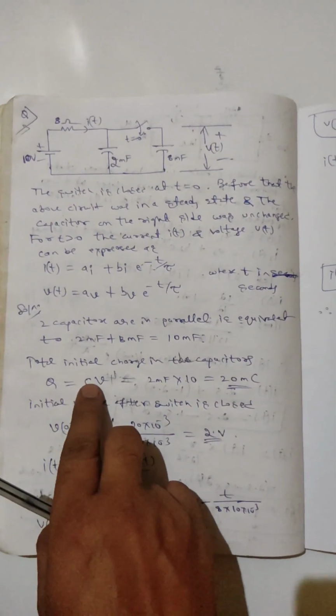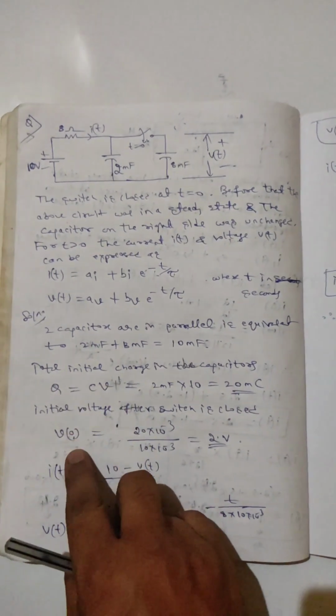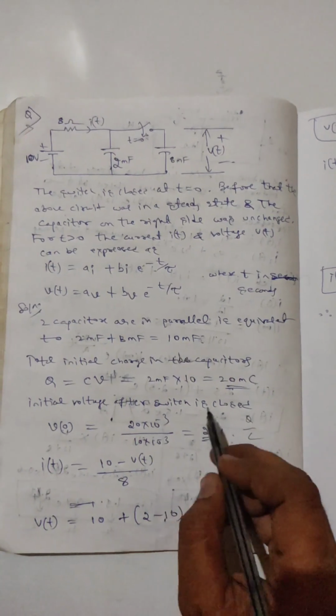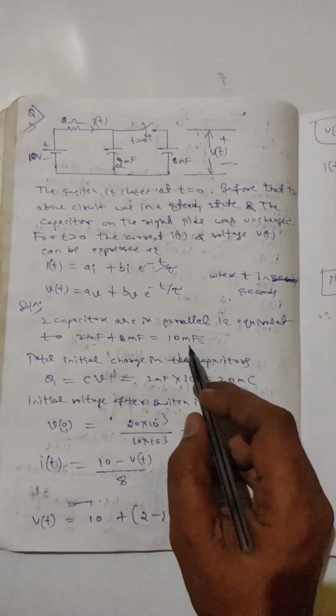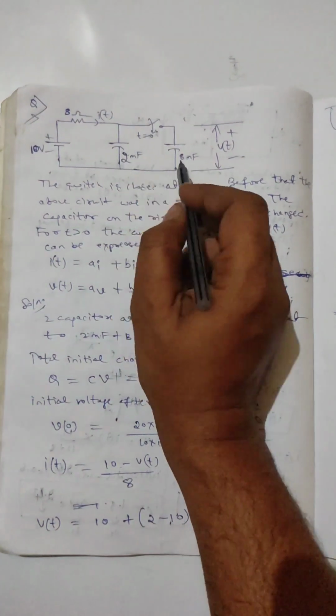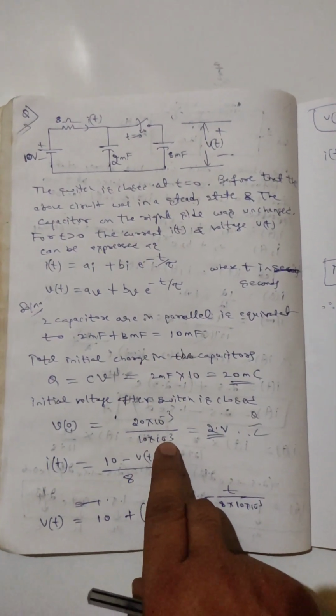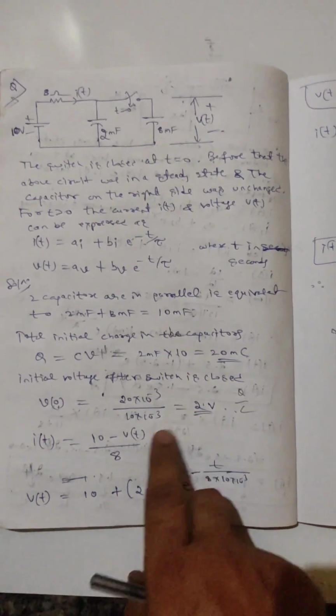Q is equal to CV, so V is equal to Q by C. What is Q? 20 millicoulombs. When the switch is closed, both capacitances will be included, so I wrote effective capacitance 10 millifarads. By that we got 2 volts.